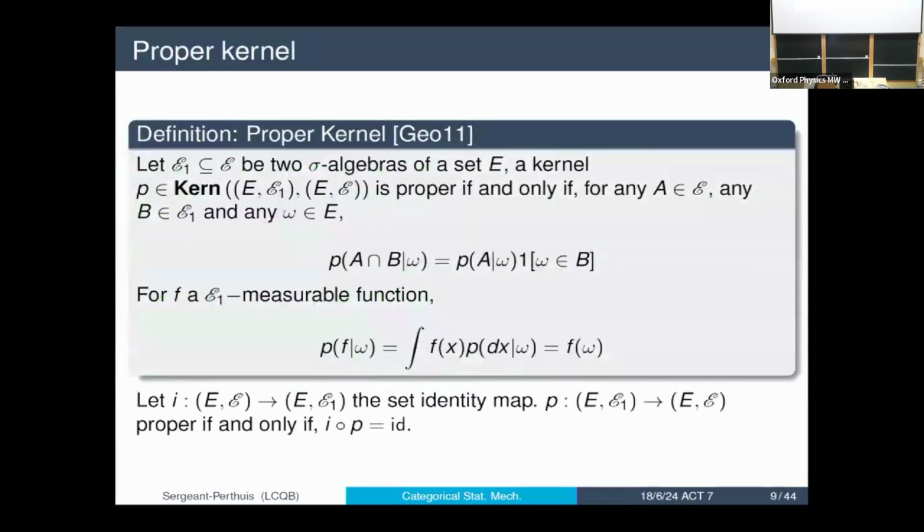If you want to formalize it more in the sense of a property of the Markov kernel, you say that it's proper, which is basically if you go from a fine sigma algebra to a coarser one, the probability kernel, which should play the role of conditional expectation, doesn't change your function.